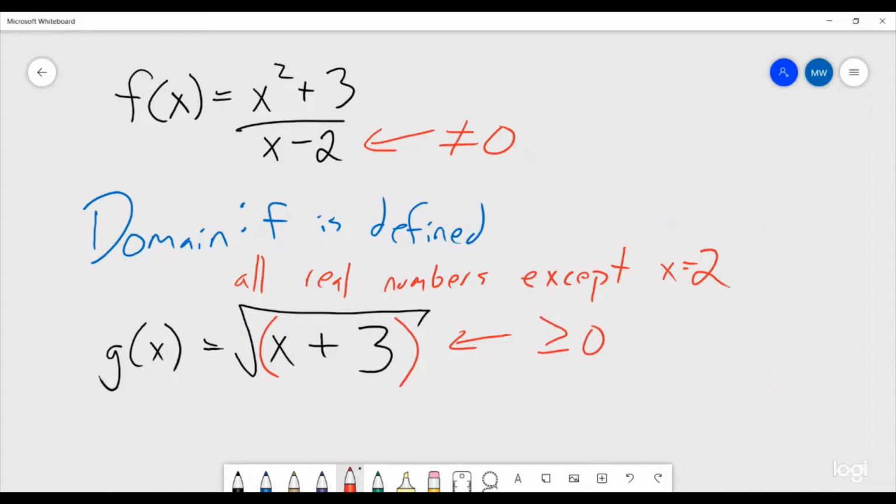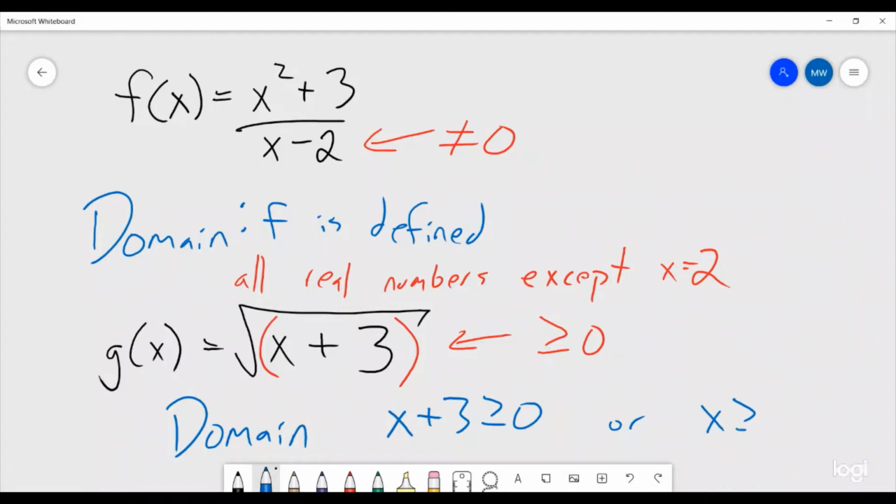So here, our domain is going to be the numbers where x plus 3 is greater than or equal to 0, or in other words, where x is greater than or equal to negative 3. That's going to be the domain for this function.